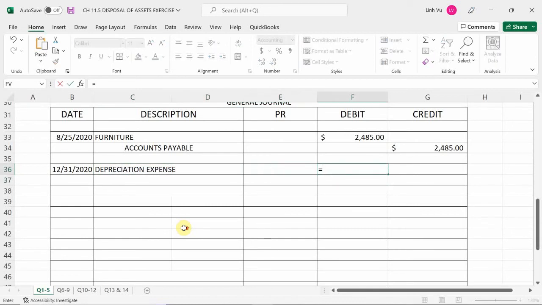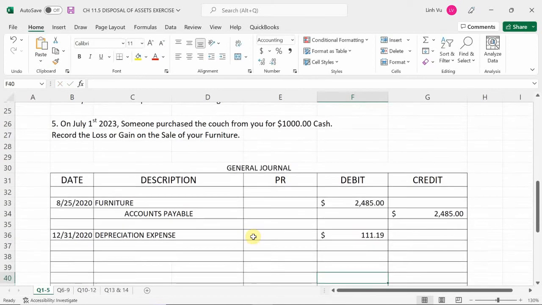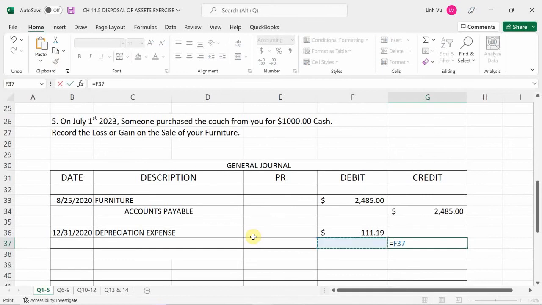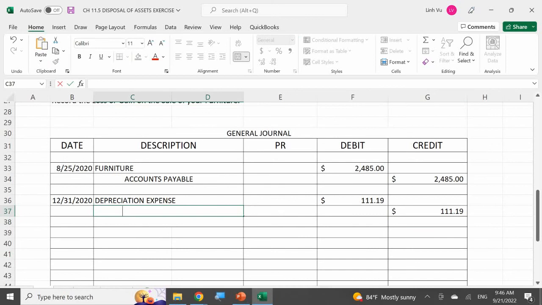For how much? 111.19. And what's my credit account? Accumulated depreciation. Good.